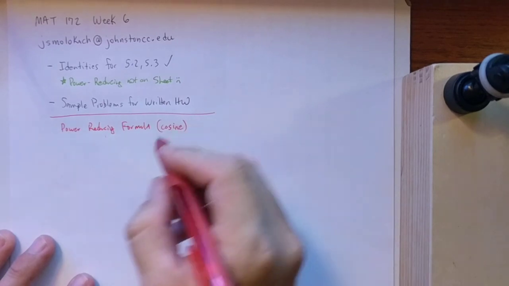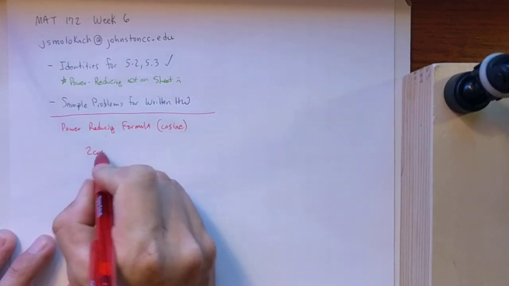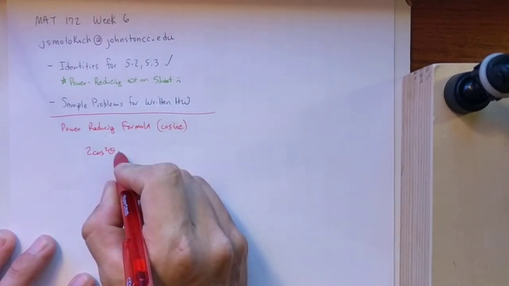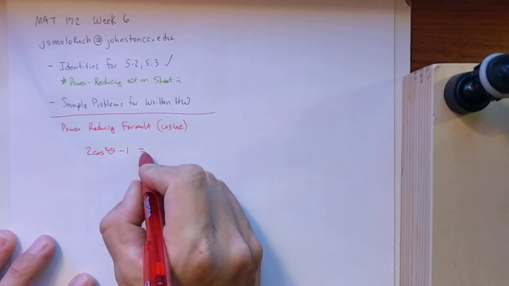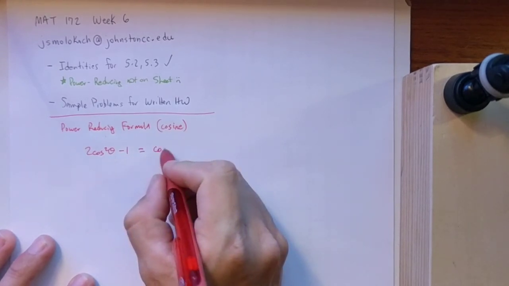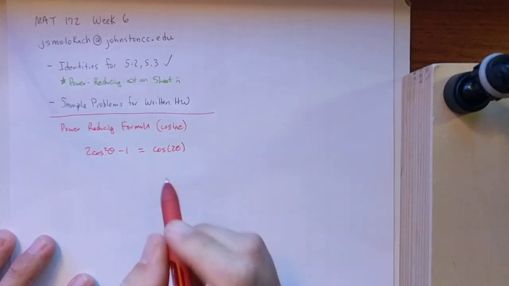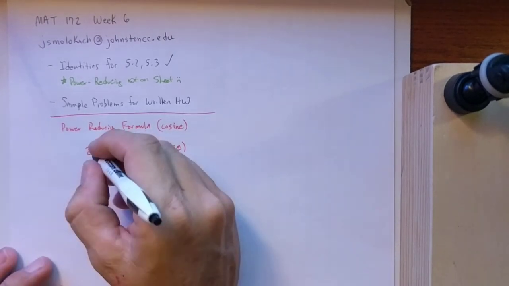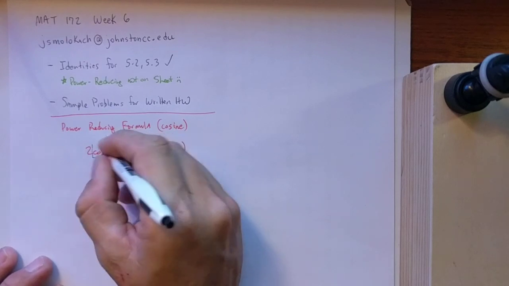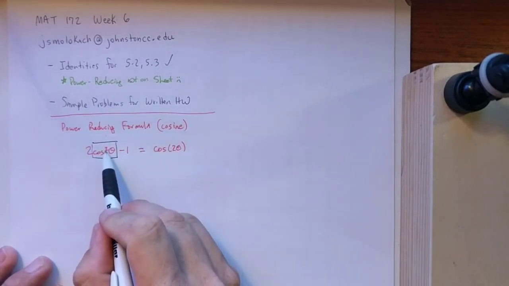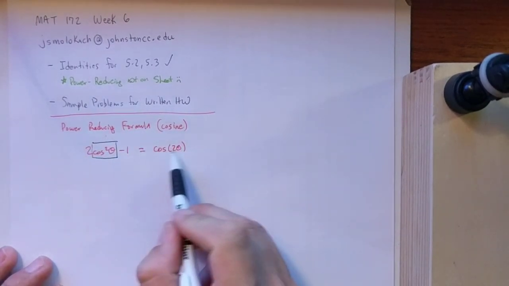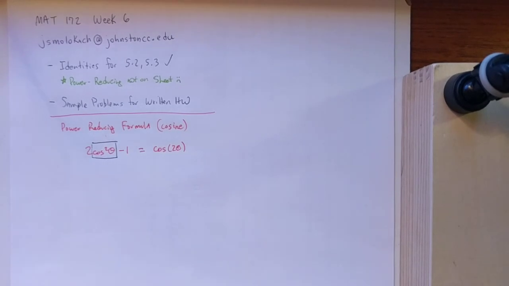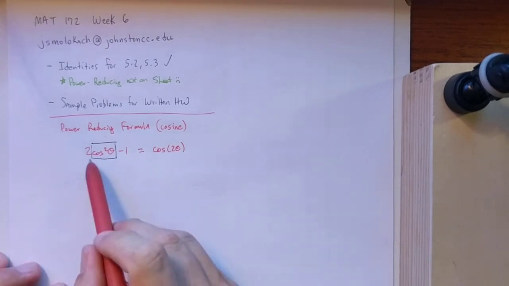Okay, so the way that we do that is we have 2 cosine squared theta minus 1. That was one thing that could equal the cosine of the double angle, right? So what we want to do is reduce the power of the cosine from a power of 2 down to a cosine to a power of 1. So all I'm going to do is get this by itself.